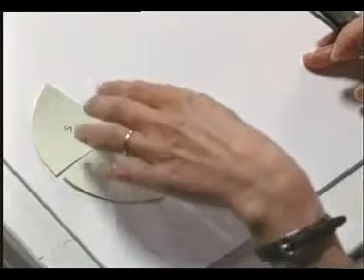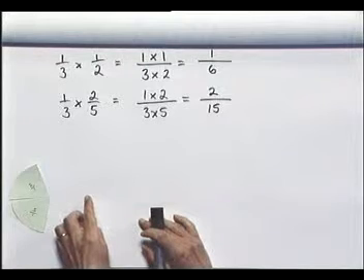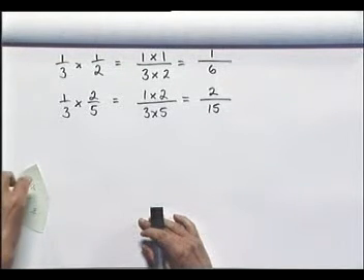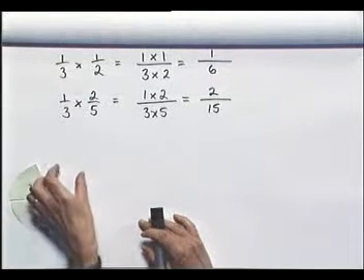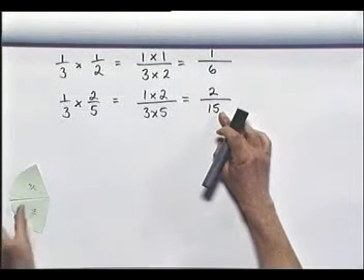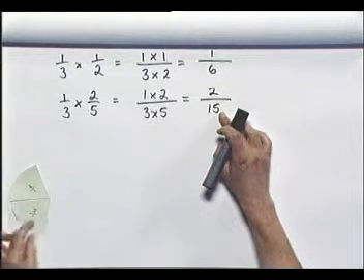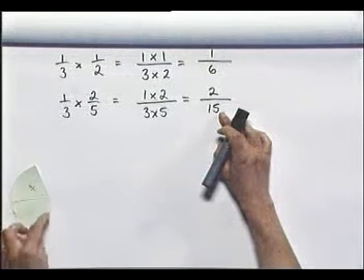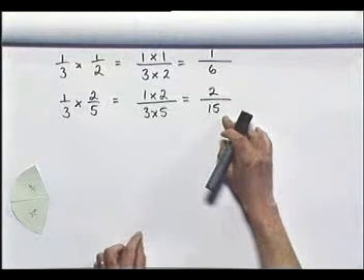If we split a 5th into 3 pieces, instead of 5 pieces making our whole one, we'll actually have 15 pieces making our whole one, because there'll be 3 pieces from each of the 5ths. So that's where our 15th comes from. And then we take one of the 3 pieces from this 5th and one of the 3 pieces from this 5th, which gets us our 2/15.